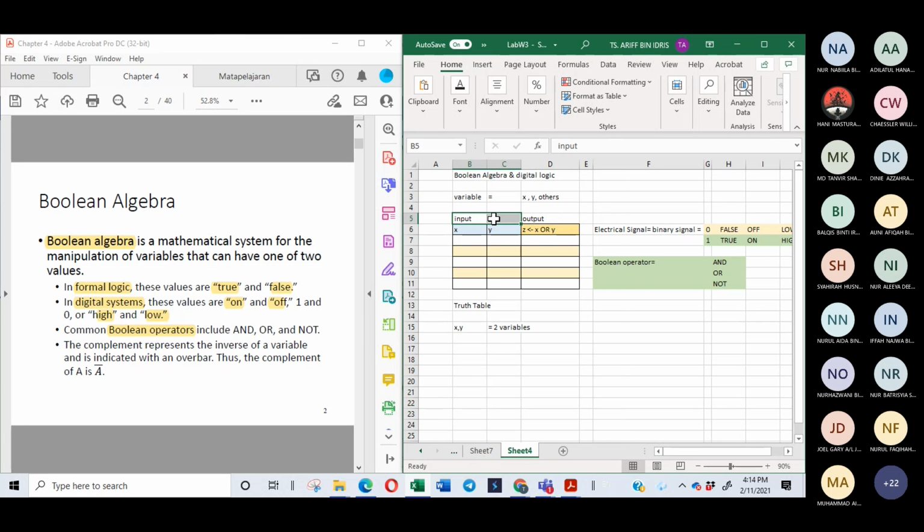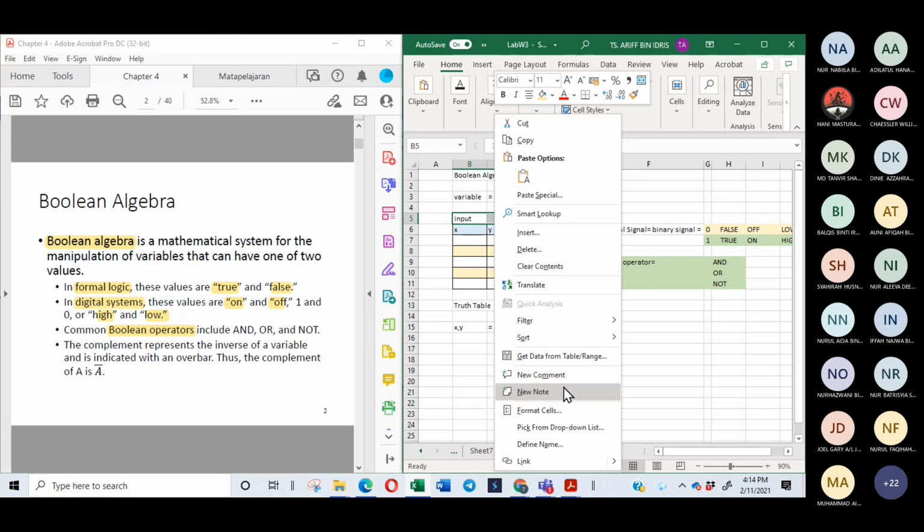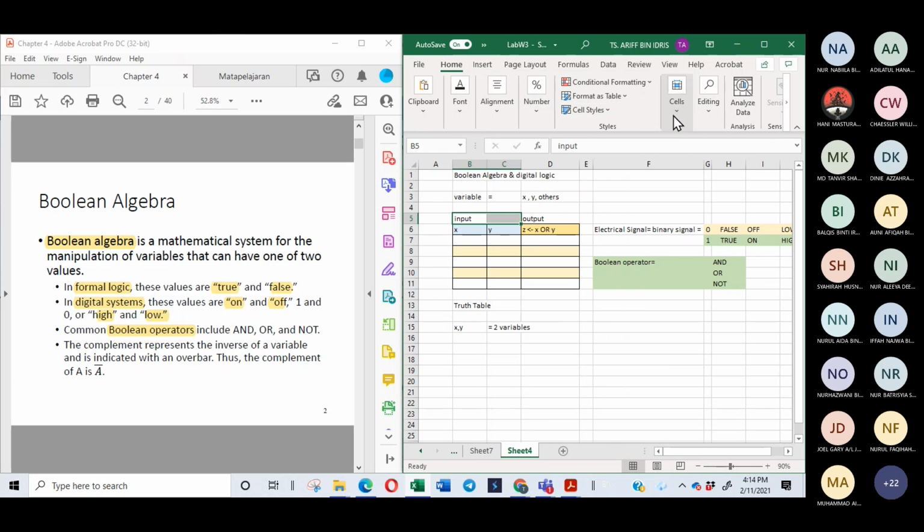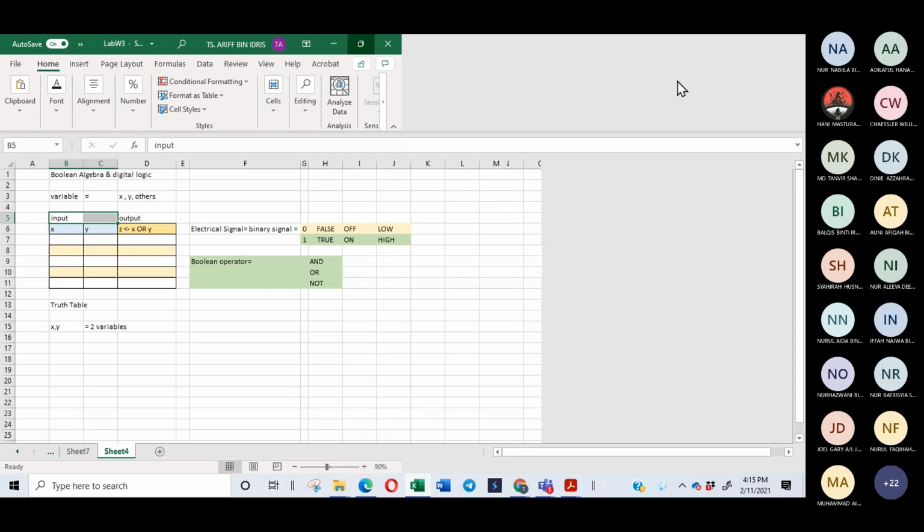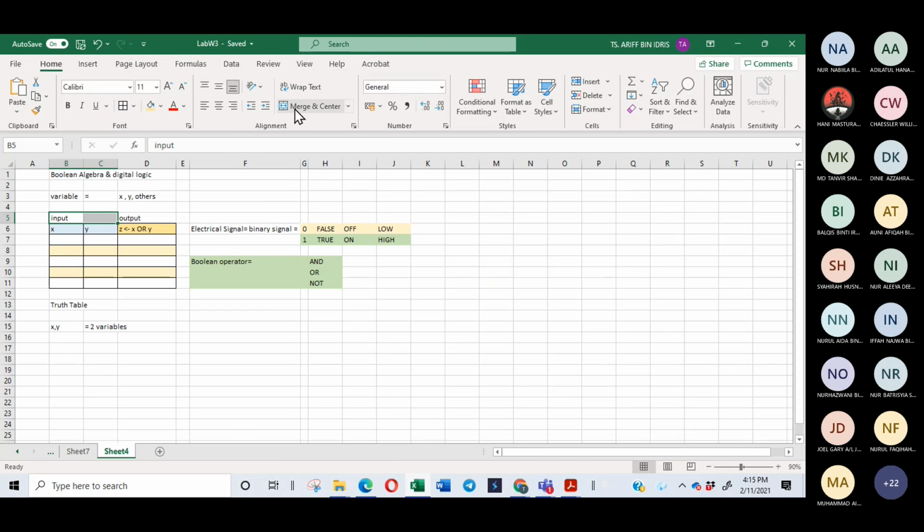I can merge the cells, using merge cell.